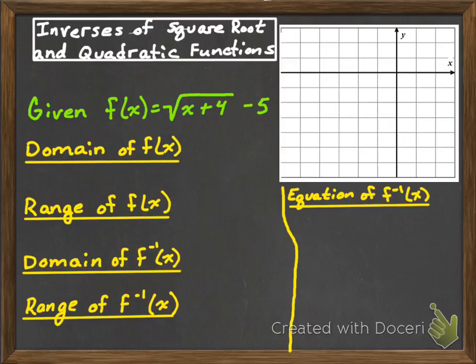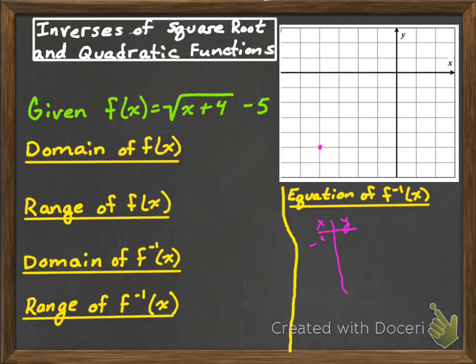All right, so let's start out with graphing this function. This is a square root graph that has been shifted left 4 units and down 5 units. And if we want to get some other points on this, we can figure out a table of values.